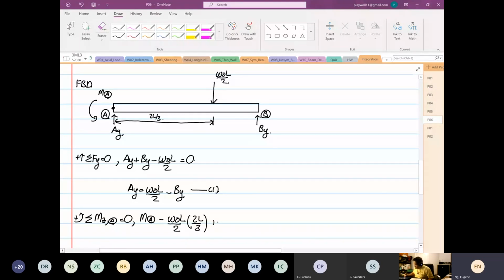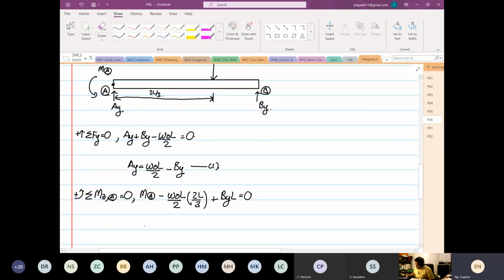Then plus BY times L, the whole thing equal to 0. So the moment about point A is equal to omega naught L squared over 3 minus BY L. This is my equation number 2.